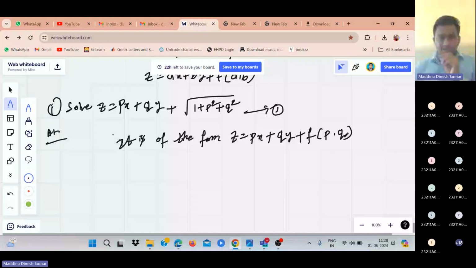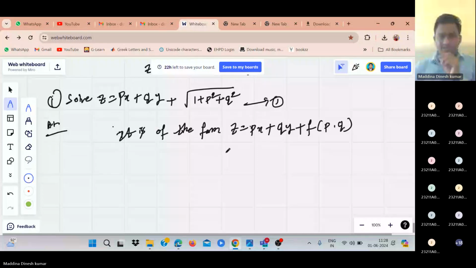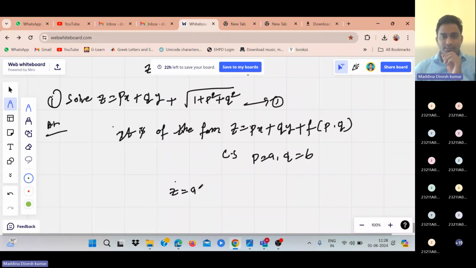So the complete solution is, in place of P you have to write A. In place of Q we need to write B. That's it. Z equal to Ax plus By plus square root of 1 plus A square plus B square. Okay? That's it. This problem solution is over.